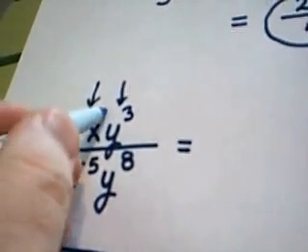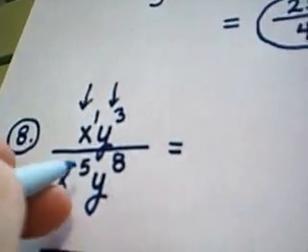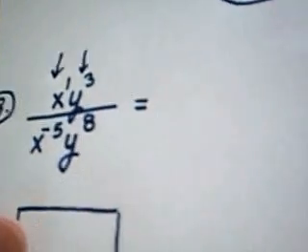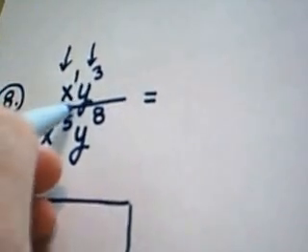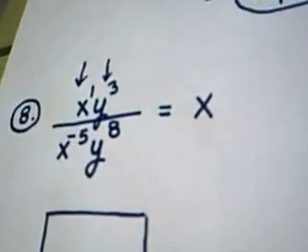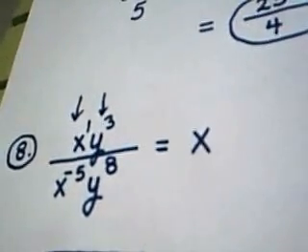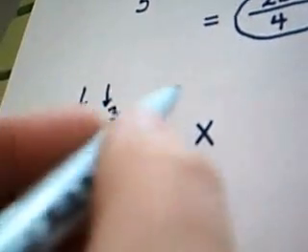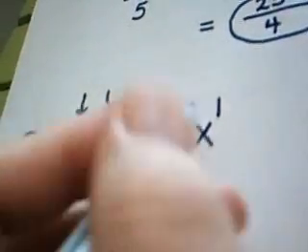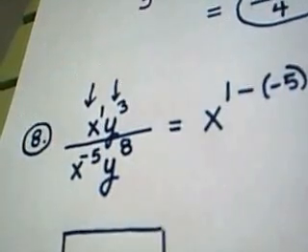In the numerator, I have x to the first. In the denominator, I have x to the negative fifth. When you're dividing, one law of exponents says you leave the base the same and the exponents get subtracted, starting with the top one. So we would have 1 minus a negative 5.